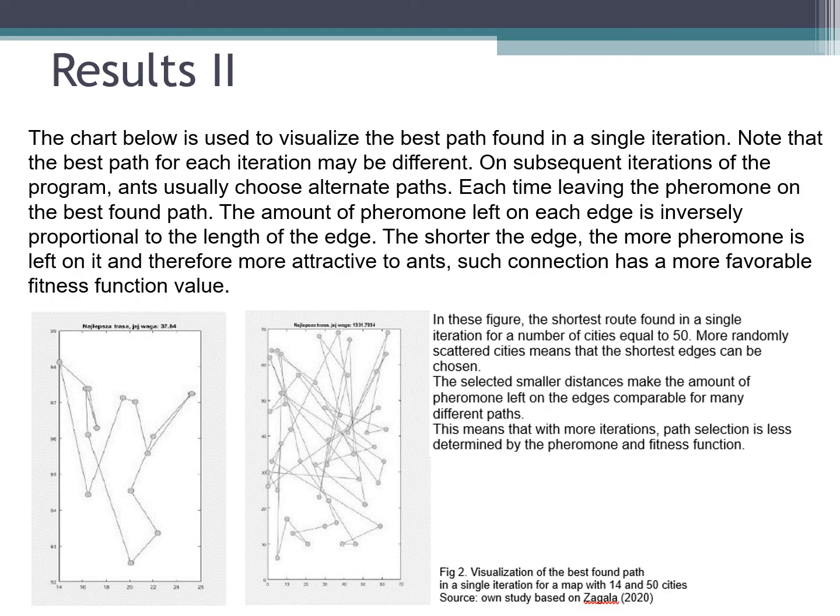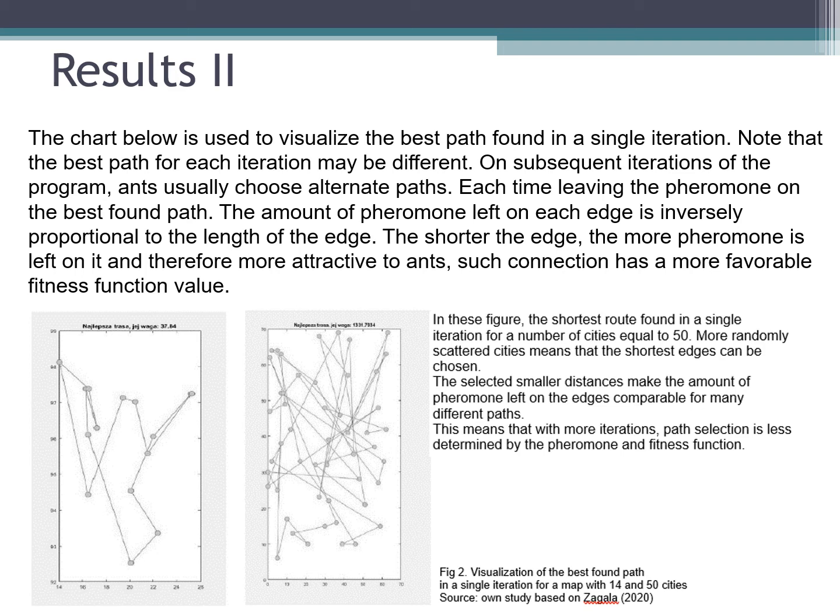The chart below is used to visualize the best path found in a single iteration. The best path for each iteration may be different. So it is not the optimal path, but it is the best path for a single iteration. On subsequent iterations of the program, ants usually choose alternate paths.